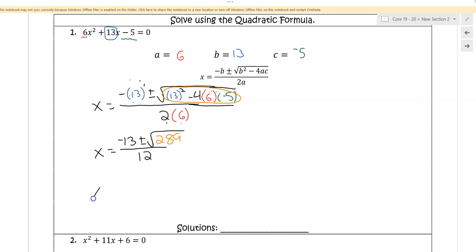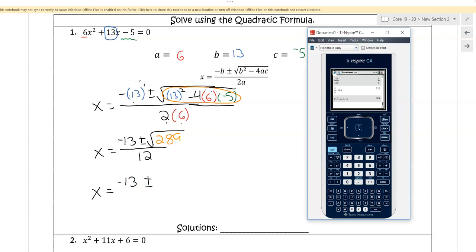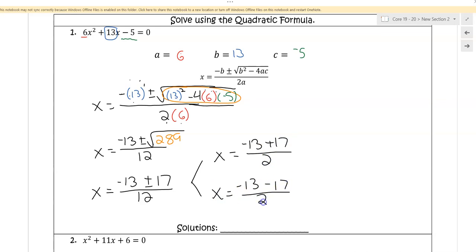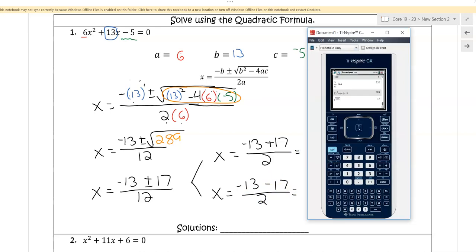Now I'm going to take my square root, or see if I can take my square root. So I have -13 plus or minus the square root of 289, which is 17. Okay. I'm going to split this into my 2 different answers. So it's -13 minus 17 over 12. And then let's actually see what this is.